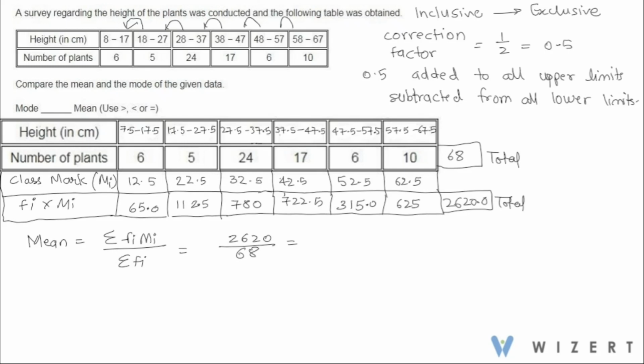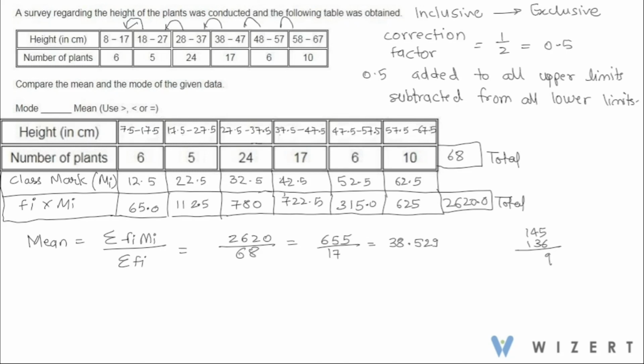So that is going to be equal to 2620 divided by 68. Both are divisible by 4. Let's do the division: 17 3s are 51, 65 minus 51 is 14, 145. 17 8s are 136, so 145 minus 136 is 9, so 90. 17 5s are 85, 5 remains. 17 2s are 34. 17 9s are 153, 160 minus 153 is 7.